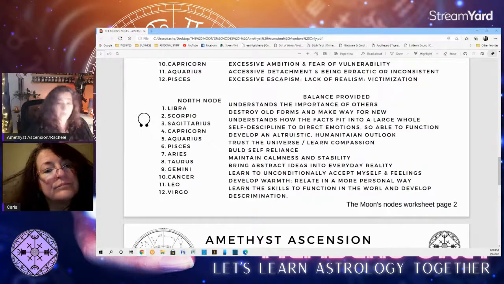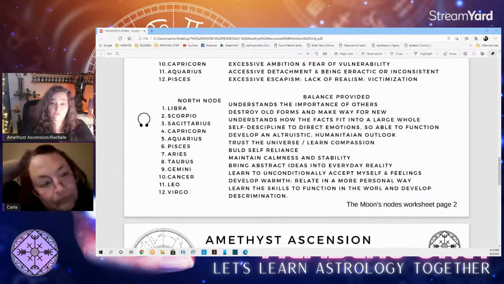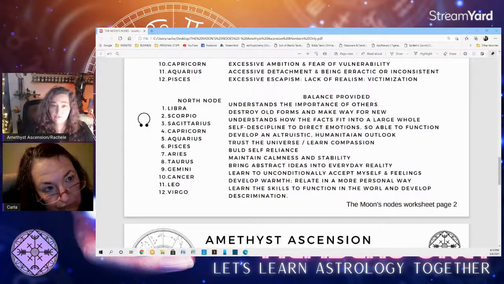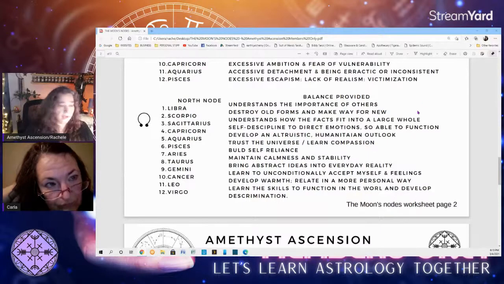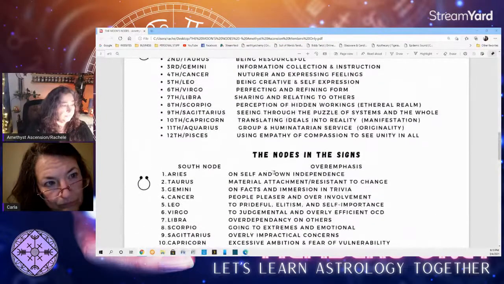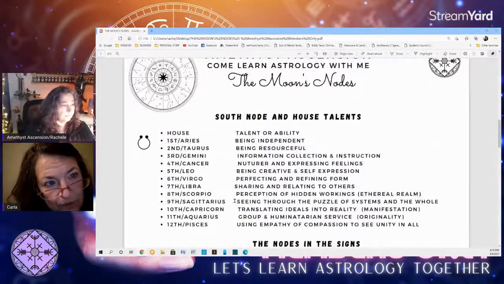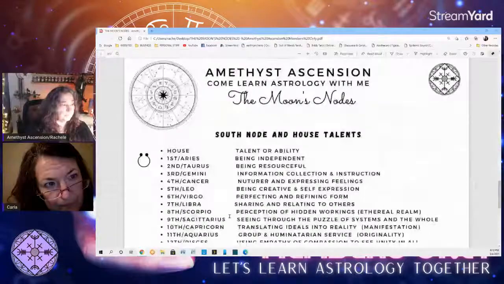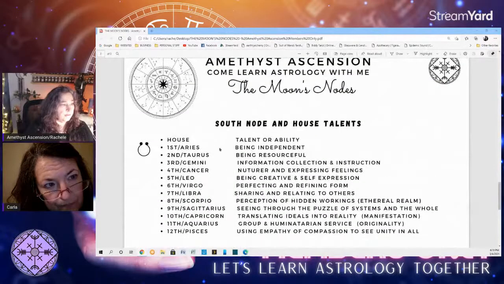So if that's his 6th house, then his 1st house, or I mean his, I keep going back and forth. So his South Node is in the 12th house. Well, wait a minute. Okay.